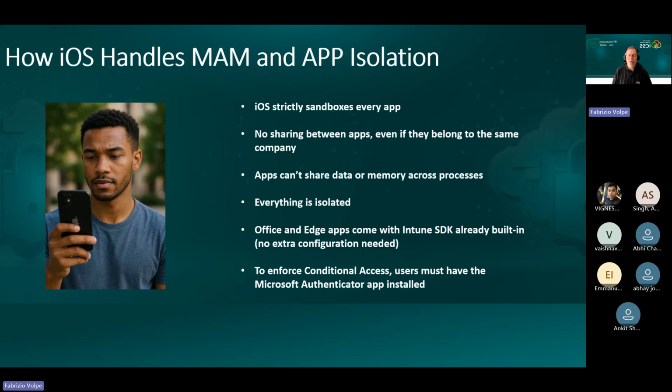What is the only additional work that you have to do? If you have conditional access, and usually you want to have conditional access, I will talk about that, the user must install also the Microsoft Authenticator. And that's the only app that you have to install as an additional effort on iOS. And that's because conditional access doesn't work on iOS without the Authenticator app.